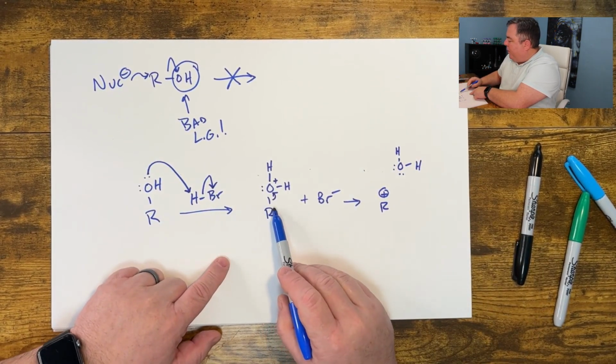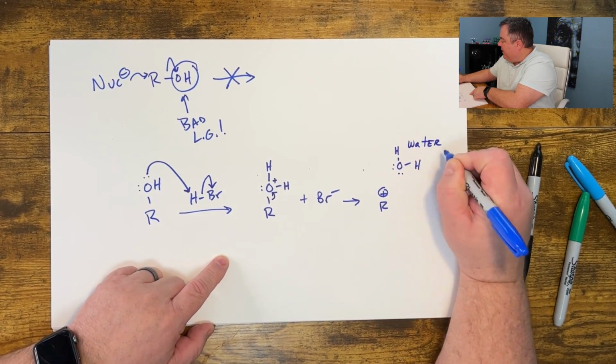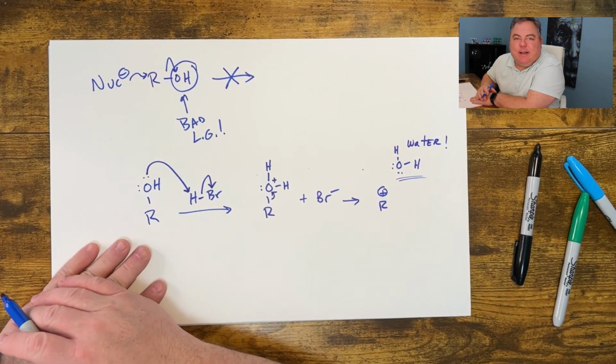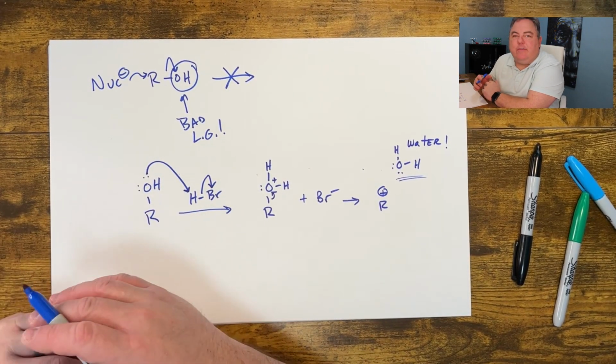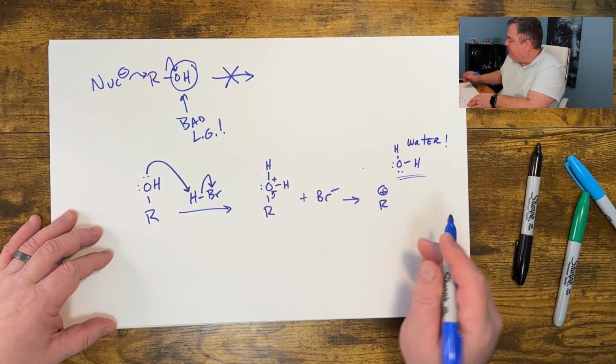We made a water molecule which is super stable. This is a great leaving group. It wants to be by itself. It wants to leave. It's super happy being by itself. So water is a great leaving group.